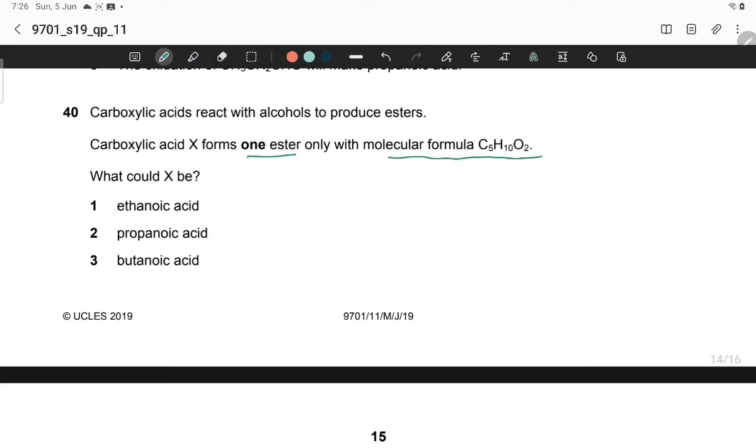So next question is 40. Carboxylic acid reacts with alcohols to produce esters. Carboxylic acid X forms one ester only with molecular formula C5H10O2. What could X be?